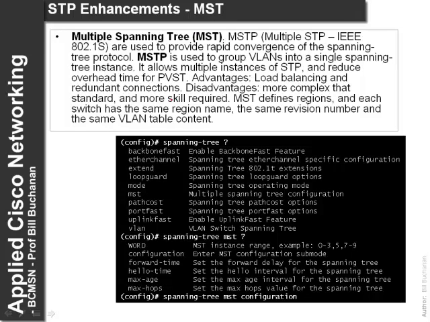Another enhancement is Multiple Spanning Tree, and again this is used to provide rapid convergence. It is typically used with multiple VLANs to be able to create a single spanning tree instance for the whole network.